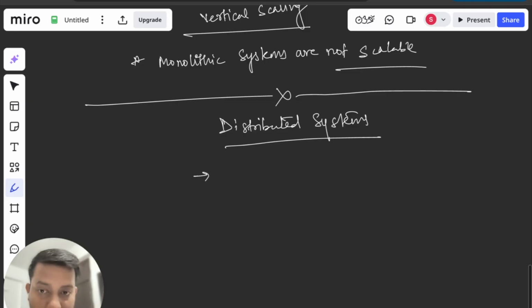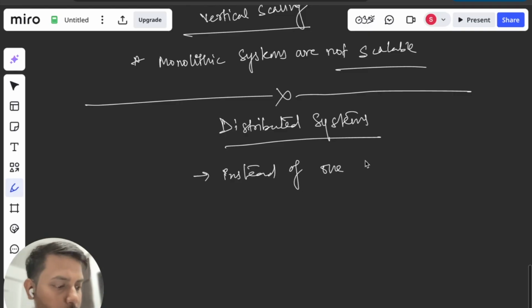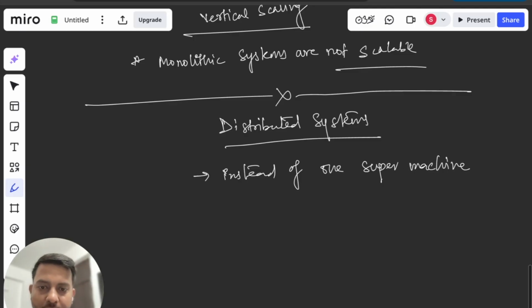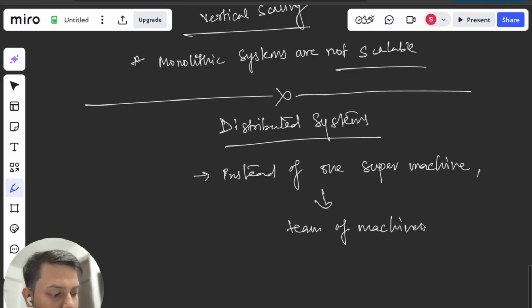So let's note down the key concepts, so that it will be easy for you, whenever you are going through the video, to recall that in the distributed system we have these things. Instead of one super machine, we will have a team of machines, or nodes.